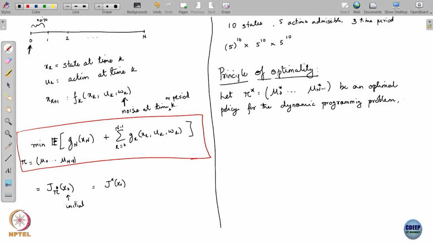And we will make a technical assumption.